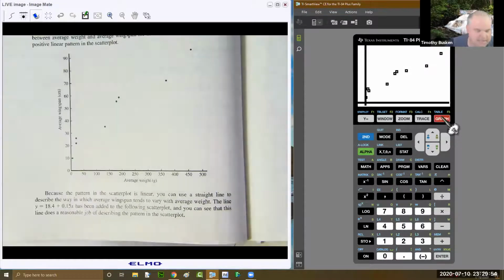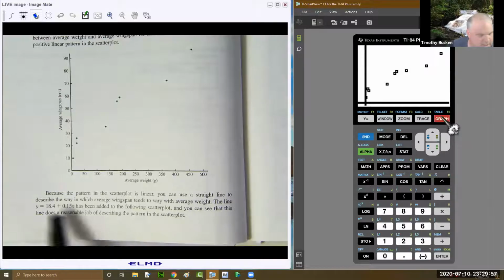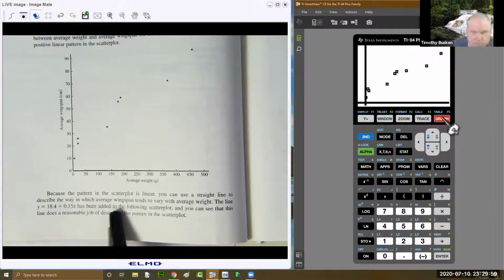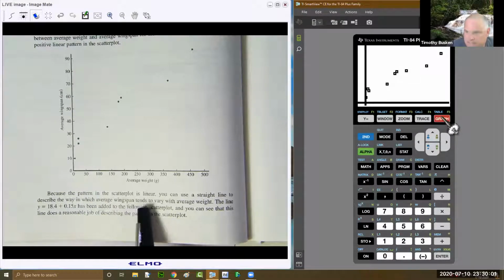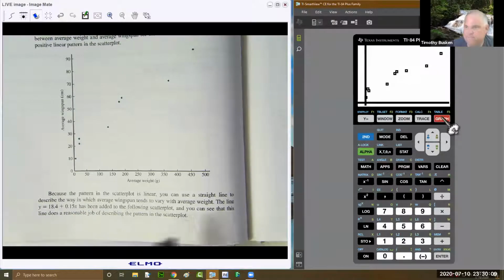And of course, because the scatter plot is linear, you can use a straight line to describe the way in which the average wingspan tends to vary with average weight. The line Y equals 18.4 plus 0.15x has been added to the scatter plot on the next page here. I'm going to show you.